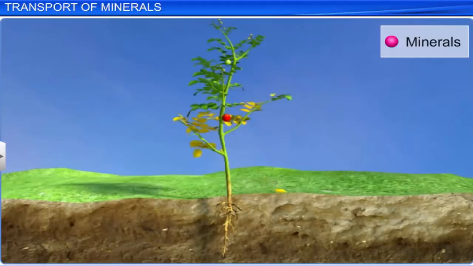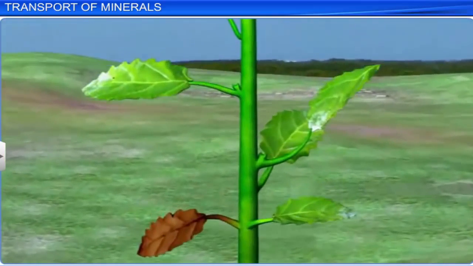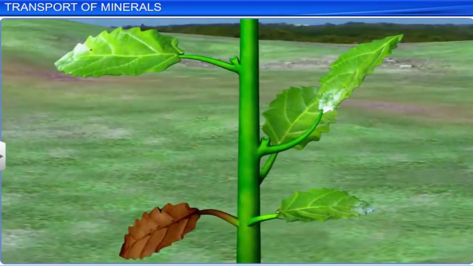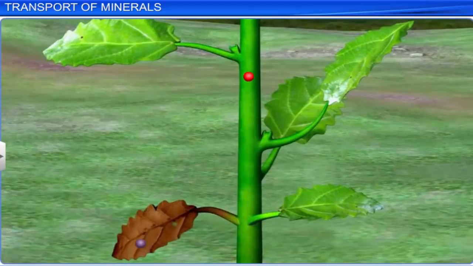Plants can also remobilize minerals from older dying parts to young developing parts where they are required. For example, minerals from old dying leaves of deciduous plants are exported to other parts like young leaves before the leaves fall.